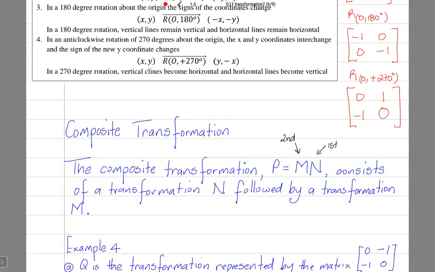When you multiply them, you put the second one first and the first one last. So the composite transformation P equals MN consists of a transformation N followed by a transformation M. So the first shall be the last and the last shall be the first. Let us try and see this in action.